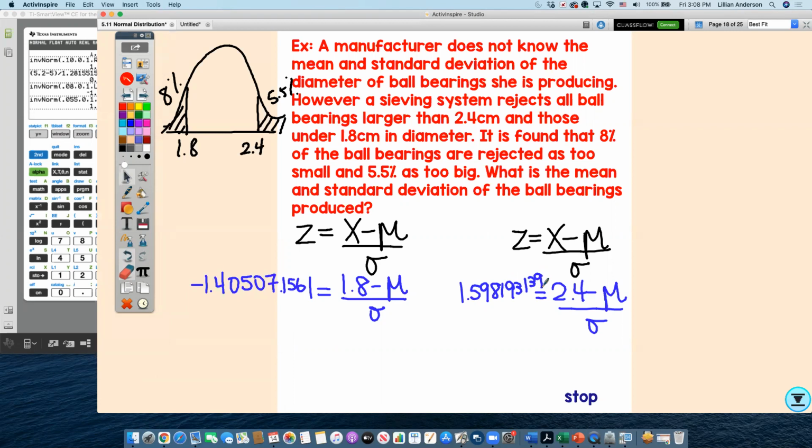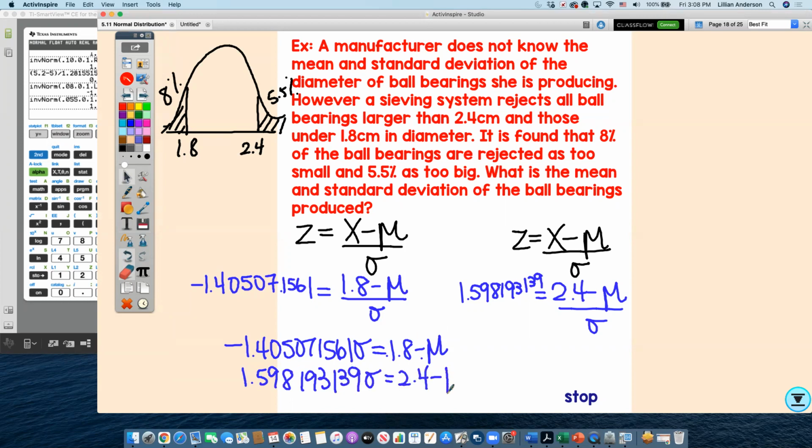All right. So I'm going to multiply both sides by my standard deviation, on both equations. And if you're like, oh my goodness, this is a lot. But look, my mean has the same coefficient. Y'all remember elimination?